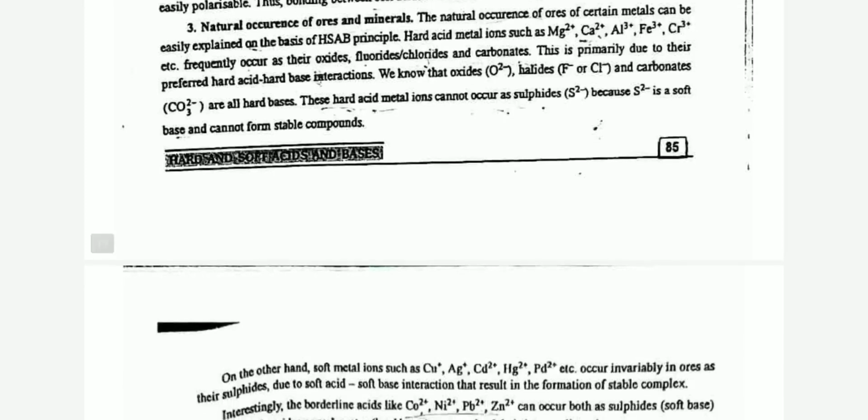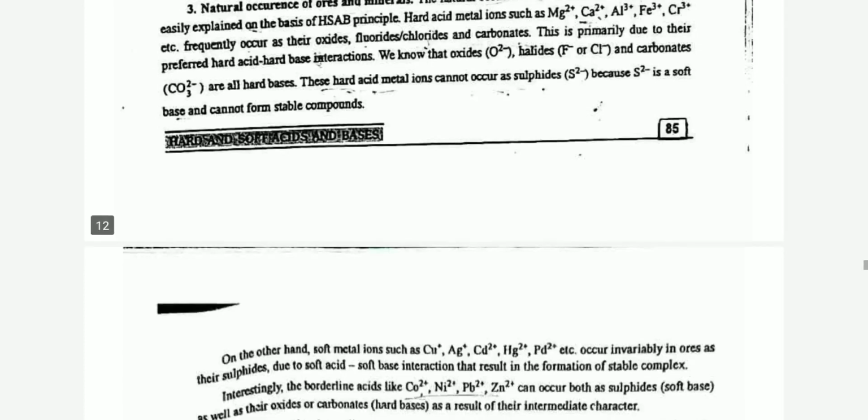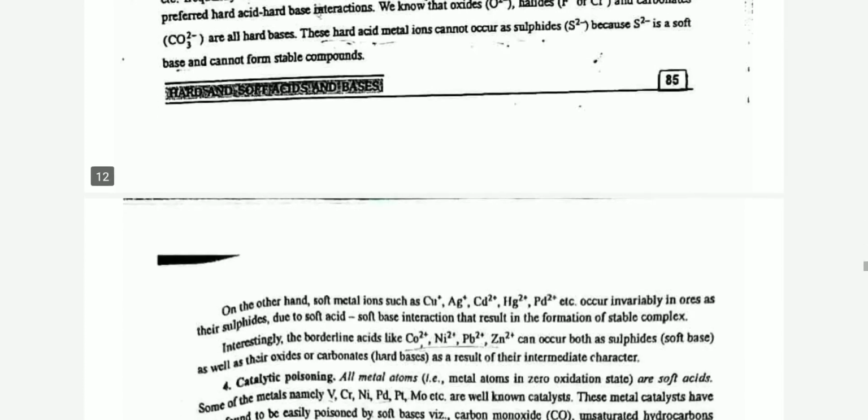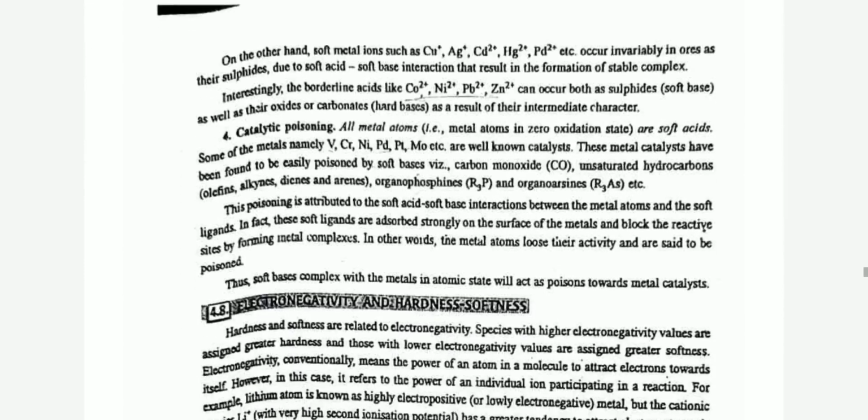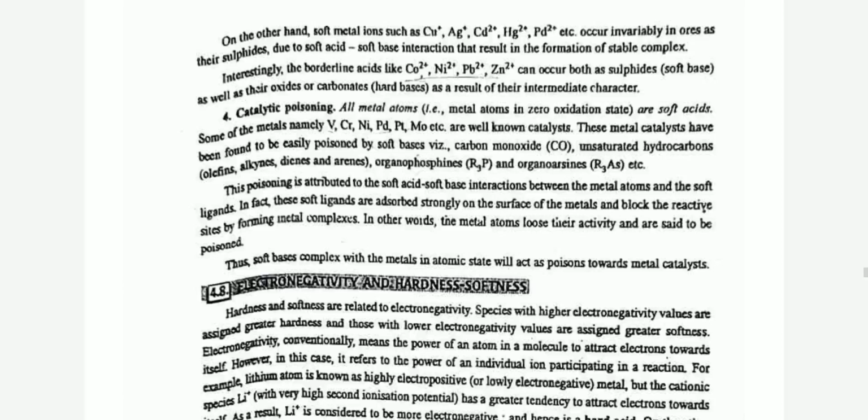These hard acid metal ions cannot occur as sulfides because S2 negative is a soft base and cannot form stable compounds. On the other hand, soft metal ions such as Cu positive, Ag positive, Cd2 positive, Hg2 positive, Pd2 positive, etc., occur invariably in ores as their sulfides due to soft acid soft base interaction that results in the formation of stable complexes.